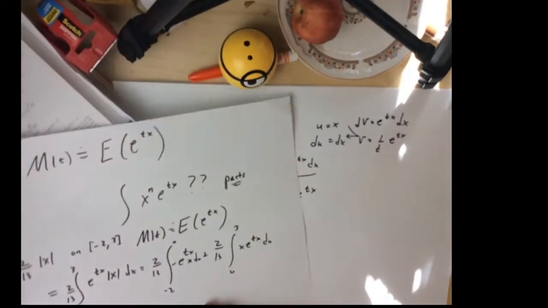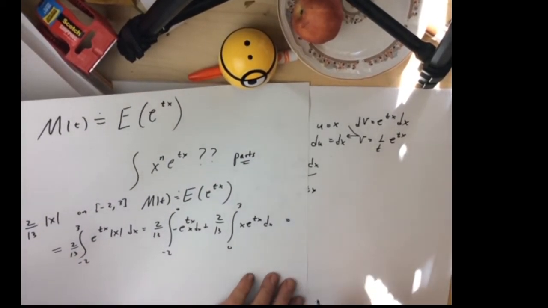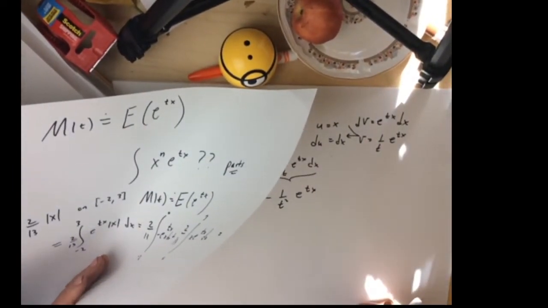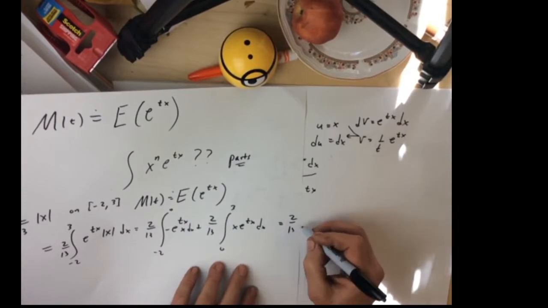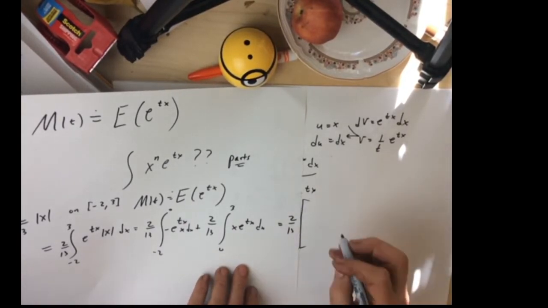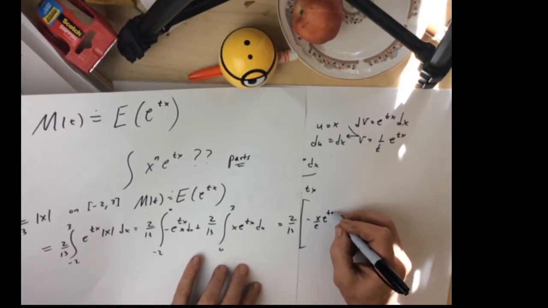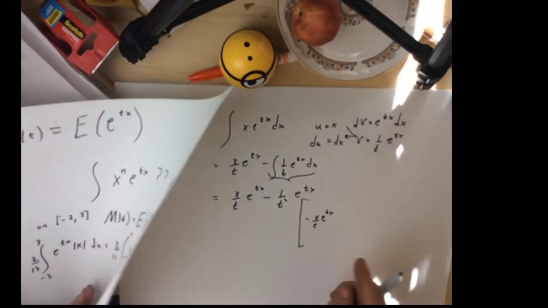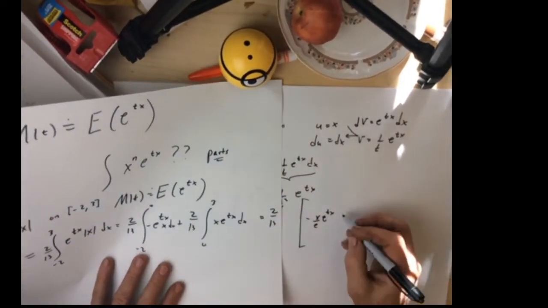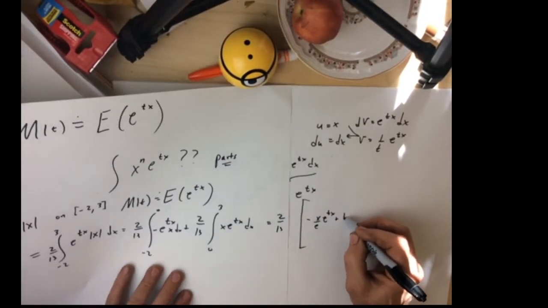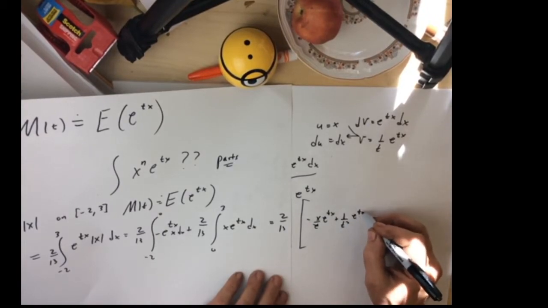So that was not a terribly hard integral to do, and so integration by parts is readily available to us, and so now we can pick up here. Each of those was x over t e to the tx. So I'm going to put the 2/13 in front, and with the minus it is minus x over t e to the tx, minus, so that'll be a plus, 1 over t squared e to the tx.